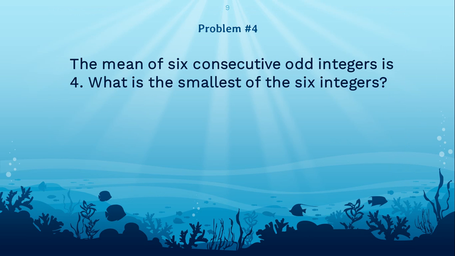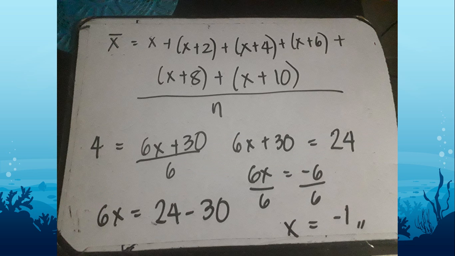For our fourth and last problem, it says here the mean of 6 consecutive odd integers is 4. What is the smallest of the 6 integers? For our solution, firstly we are given 4 as the mean of 6 consecutive odd integers, and we are asked to find the smallest of the 6 consecutive integers.